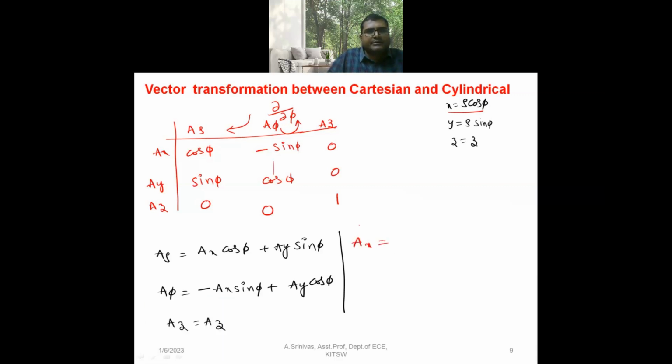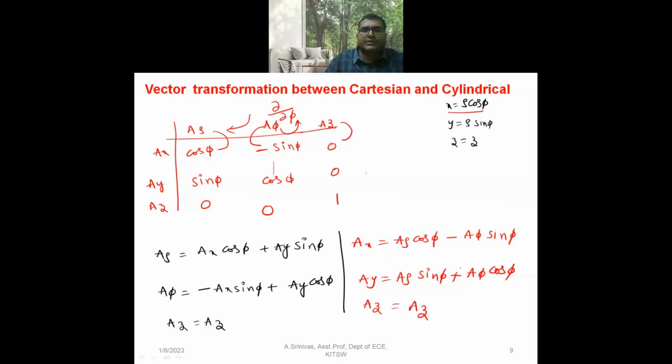And in another notation, the Ax components: Ax is equal to, now this time you can take the products in this manner, that is Aρ cos φ minus Aφ sin φ, and Ay is equal to Aρ sin φ plus Aφ cos φ, and Az is equal to Az.